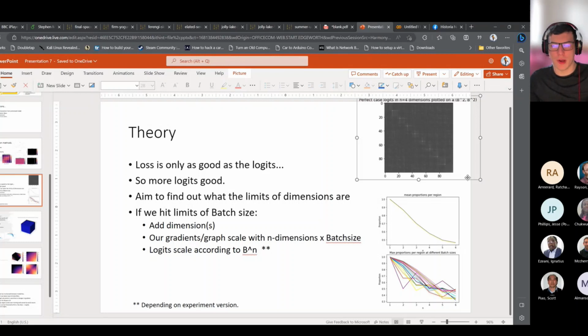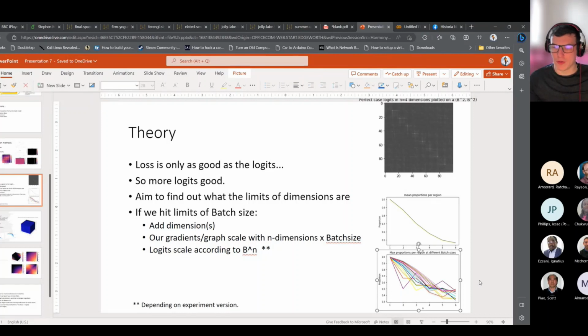So what you find is that as you make this cube more dimensional, the number of distinct regions that have to be modeled increases. And these graphs in the bottom right model exactly what proportion of the volume of that cube each region represents. And you can see that as the number of dimensions n, which is on the bottom axis, increases, the mean proportion goes down. However, when plotted by batch size, which is the bottom graph, there are some funky behaviors in there too.